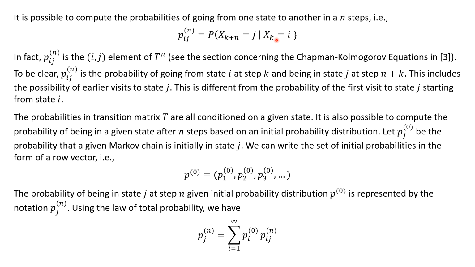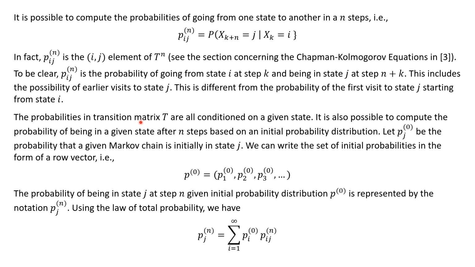So it's just saying at step k you're in state i, and you can go into state j several times, but when you hit step k plus n, you must be in state j. And so it includes the probability of returning to state j between steps k and k plus n. This is different from the probability of the first visit to state j starting from state i, so that's a different computation.